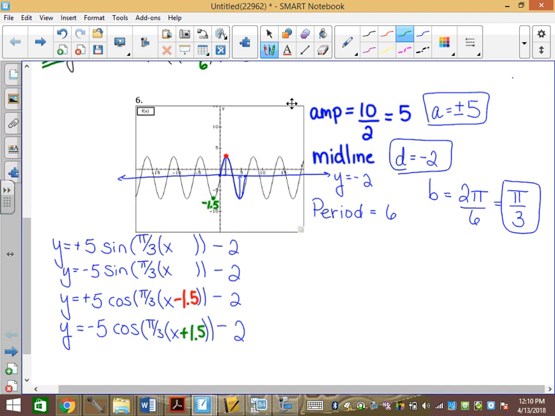Then we look for where the midline intersects with the actual graph, right? Just where it intersects with the graph. Okay. So here is where it crosses, and where's the other closest? Why do I need two places where it crosses?